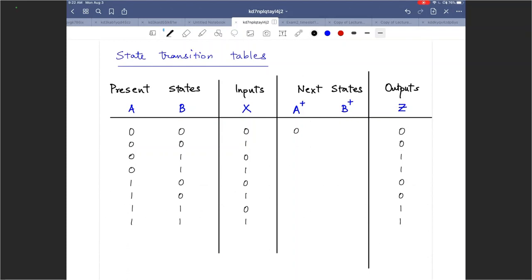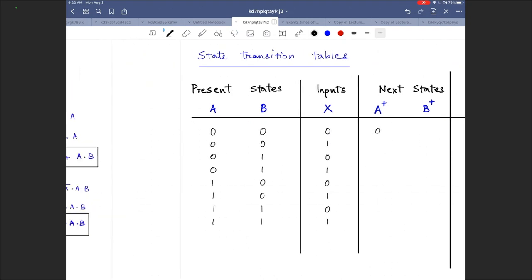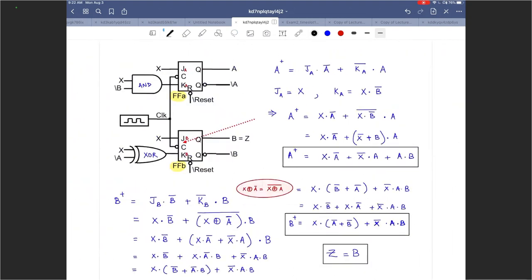And then B plus, everything is 0. So if everything is 0 for B plus, this goes to 0, that also goes to 0. So it's 0, 0.